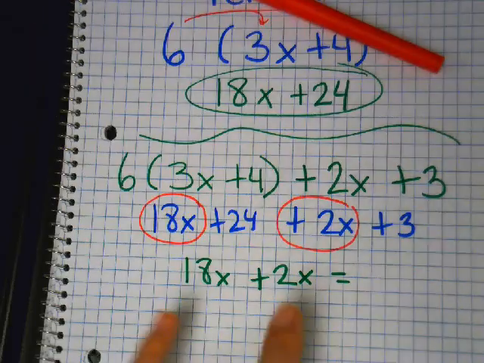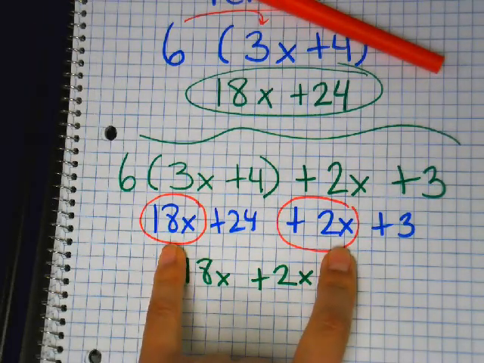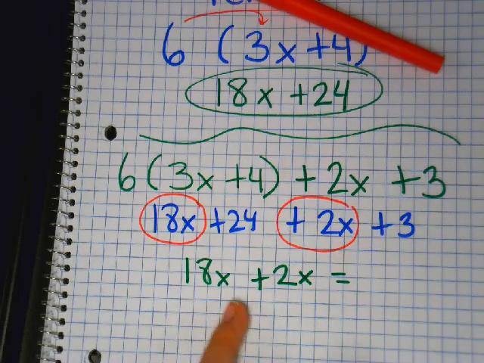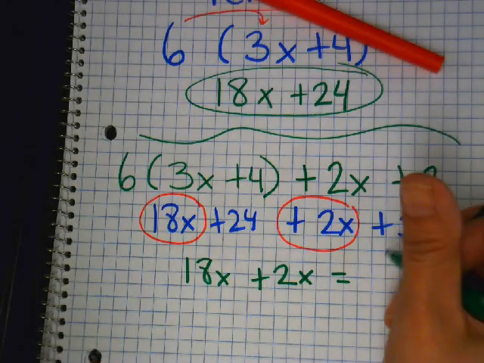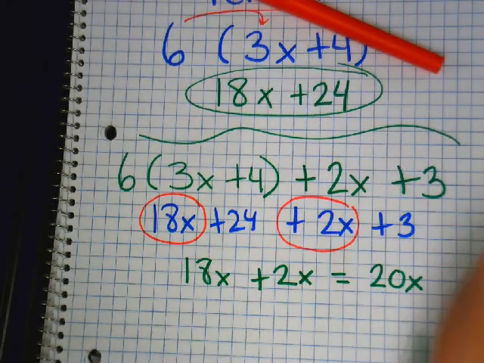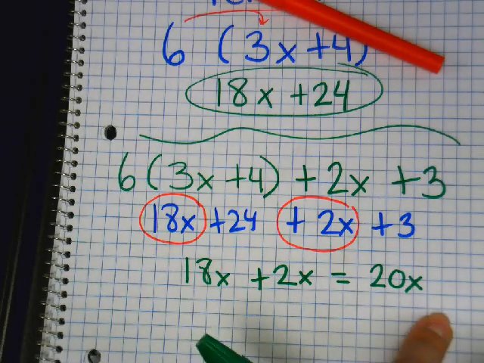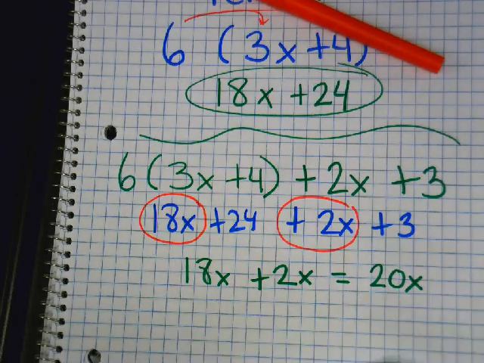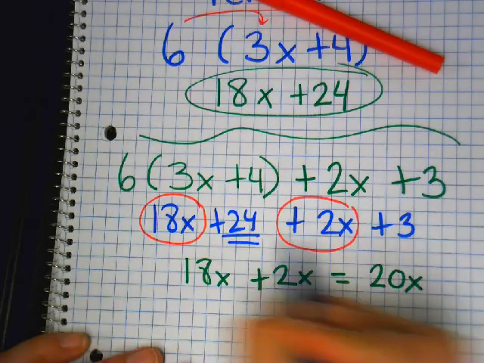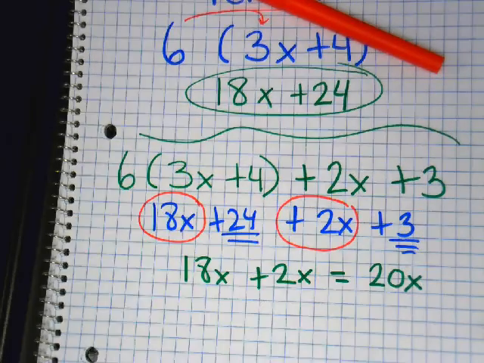Okay, so you see what I circled here? Why did I circle these? Because they both have x's, right? So what's 18x plus 2x? 20x. So 18 plus 2 gives you 20. What do I do with the x? Just carry it there. Now, I like to underline the ones that don't have the x.